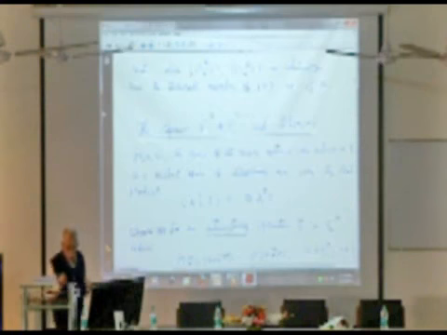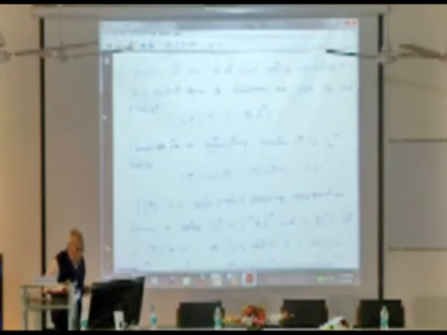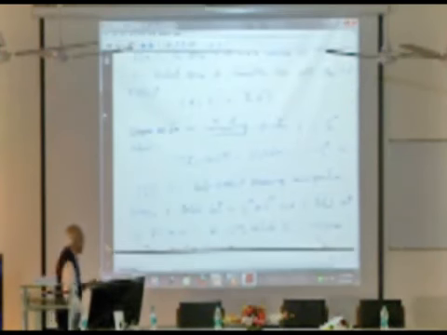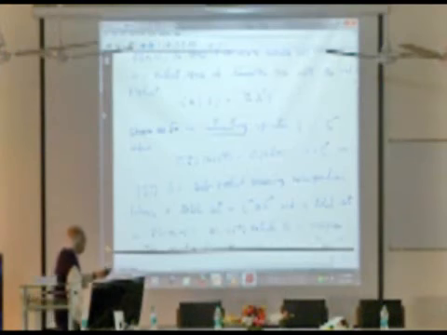Then define the isomorphism in the following way. Once this anti-unitary operator j is given, define gamma j on the product vector u⊗v to be u, then apply the complex conjugation, namely the anti-unitary operator j, to v.